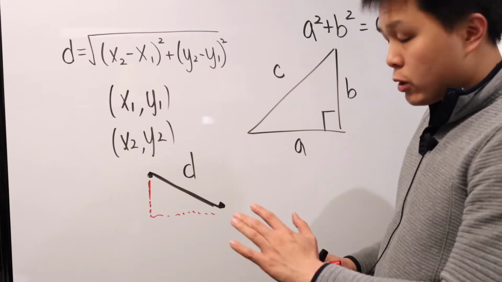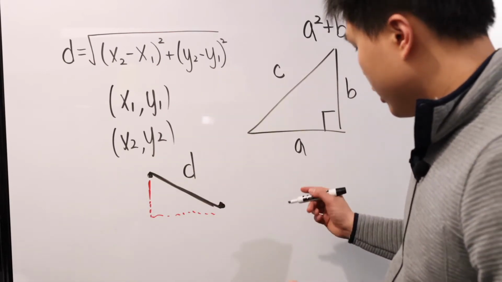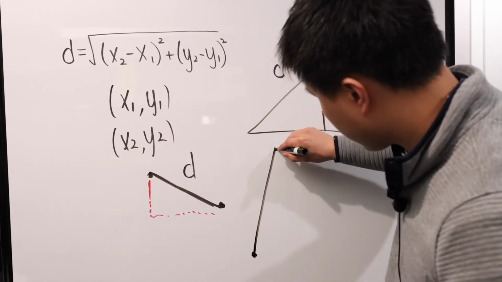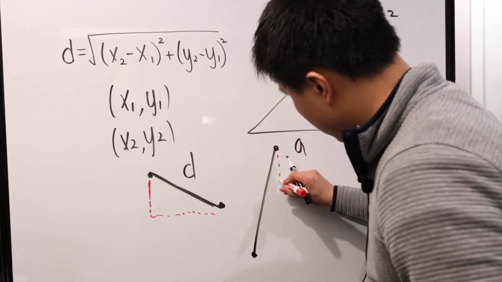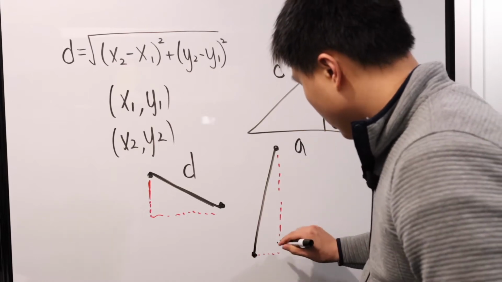That's the whole key of this whole thing, right? Doesn't matter how the distance is oriented. It could look like this. It could look crazy like this, right? Once again, we can always make it a right triangle.